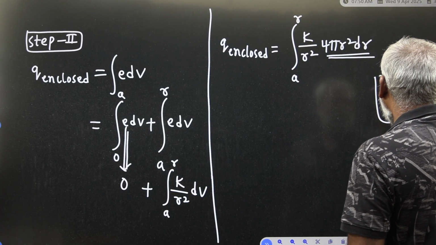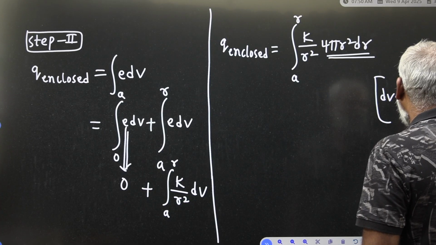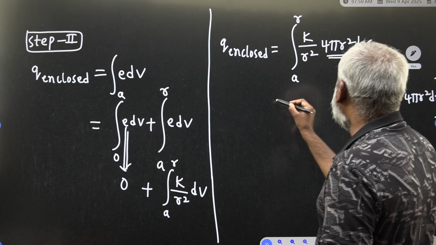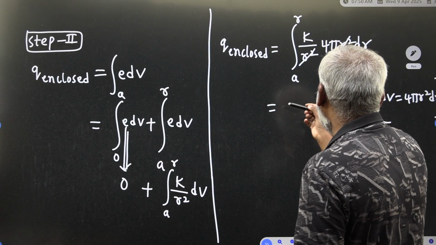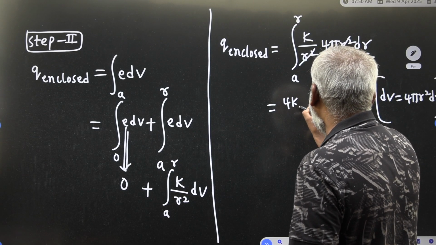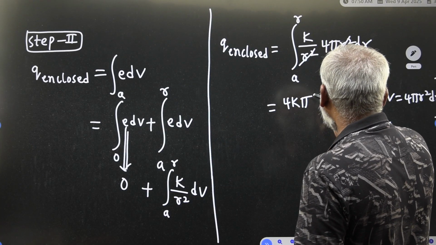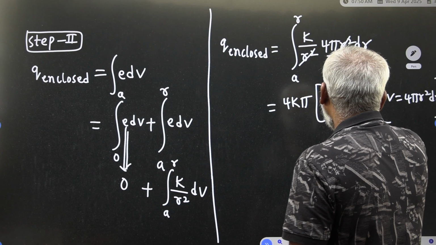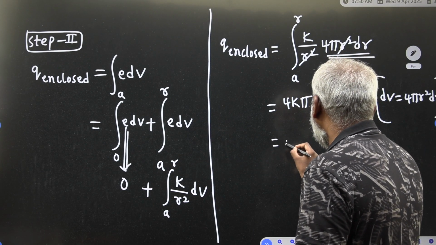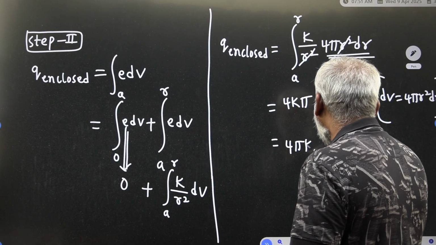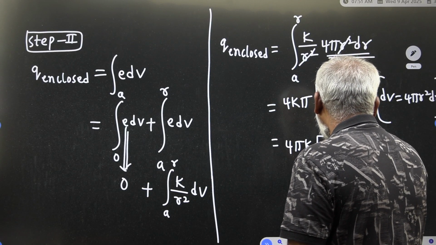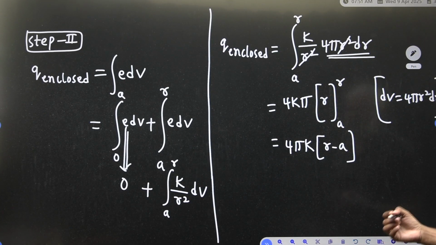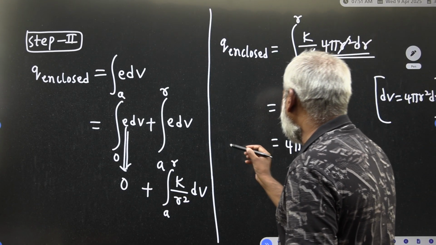So now the r square gets cancelled. 4 pi k you have to take outside because they are constants. Integral dr is equal to r. You apply the upper limit and lower limit, and you get 4 pi k into R minus A. This is the charge enclosed by the Gaussian surface. Clear?